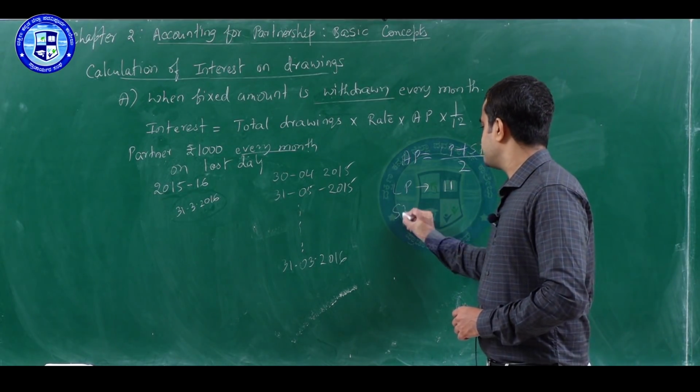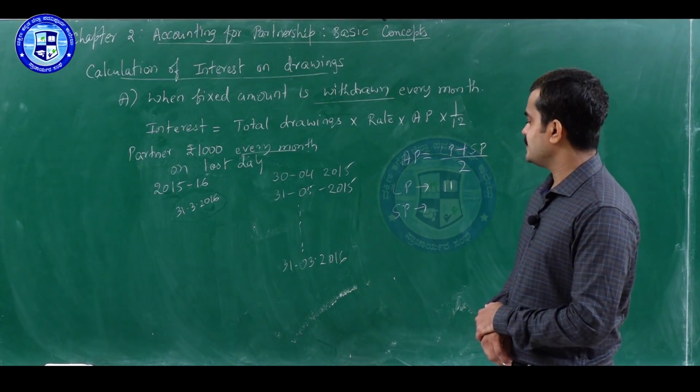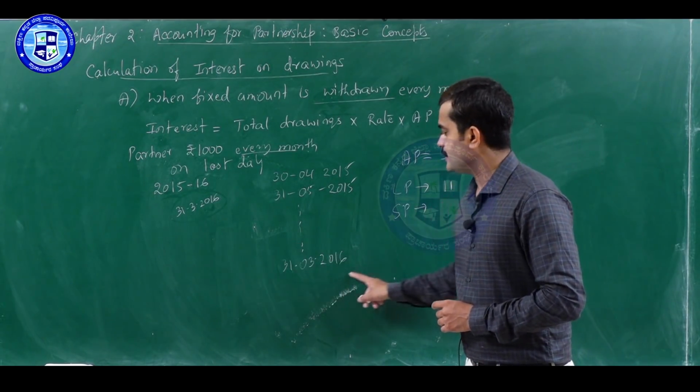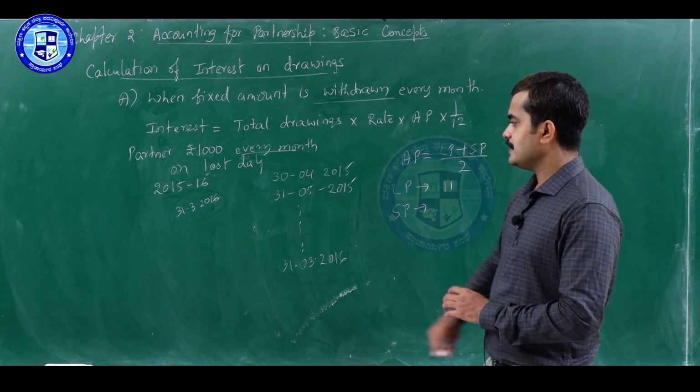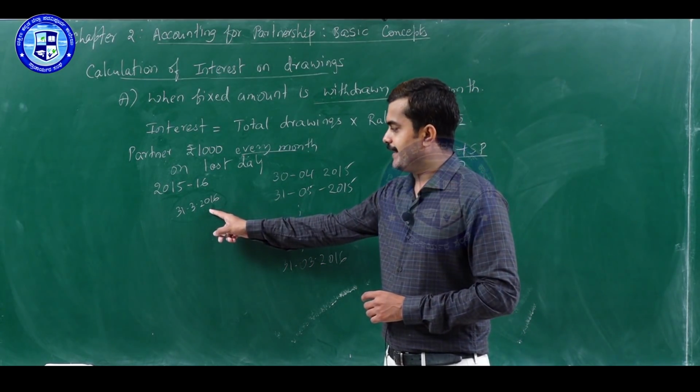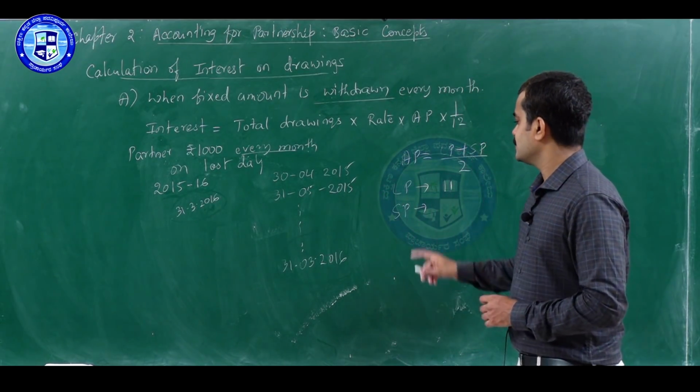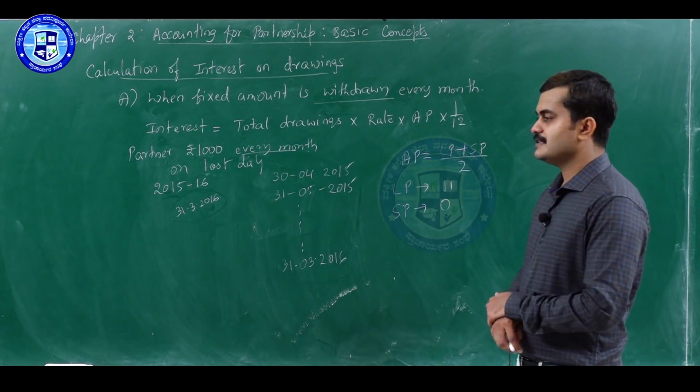Coming to the shortest period, the last drawings was on 31st March 2016, and the accounting period ends on that day only, that is 31st March 2016. So the shortest period consists of 0 months.